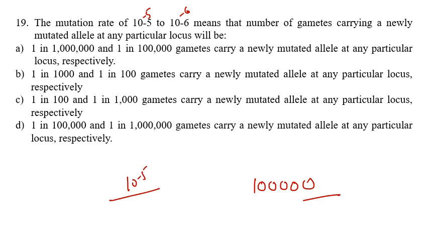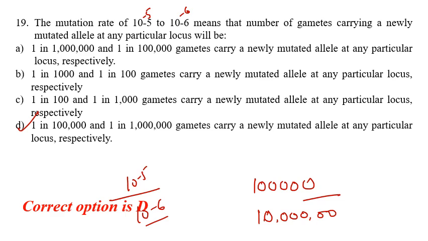Okay? Similarly, the mutation rate of 10 to the power minus 6 indicates that the mutated allele appears in every 10 lakh gametes. Okay? So the correct option would be D. Option D is correct.